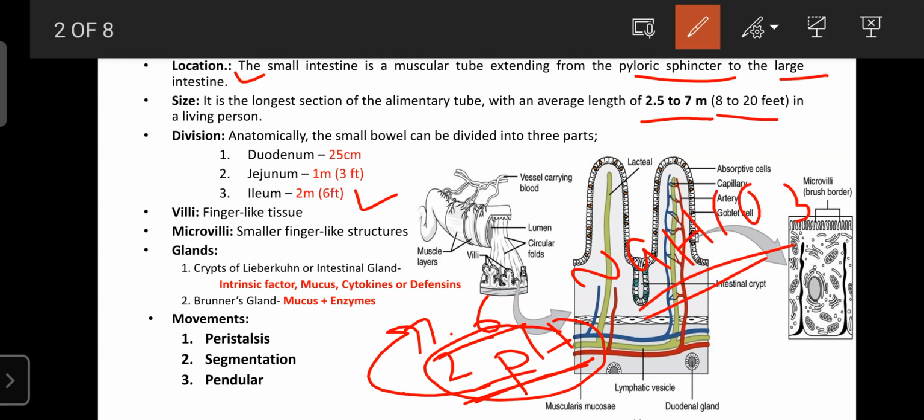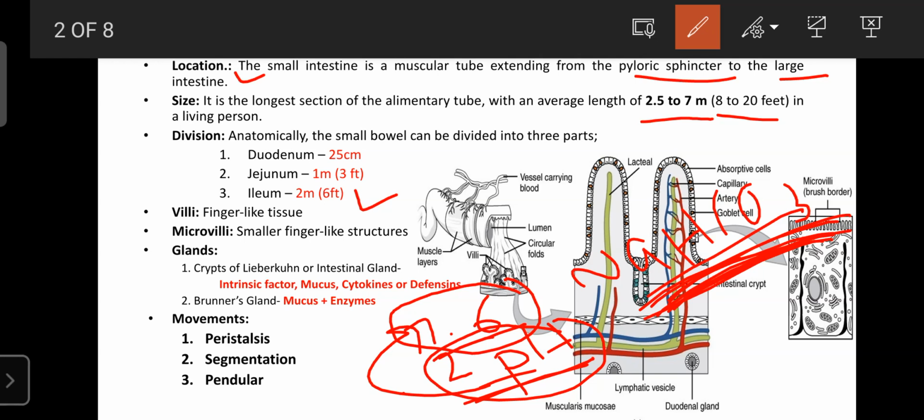Due to the presence of sodium bicarbonate, which is basic, it can neutralize the acidic pH. So that's why the pH of the duodenum is about 7.6, due to the pancreatic secretions rich in sodium bicarbonate.